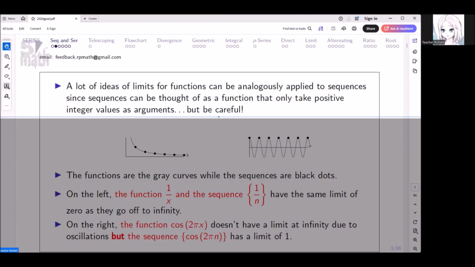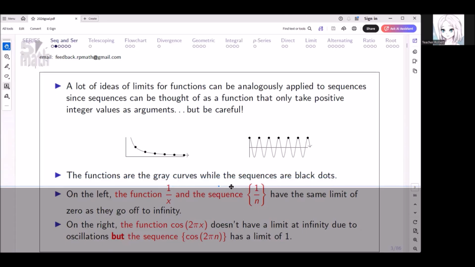A lot of ideas of limits for functions can be analogously applied to sequences, since sequences can be thought of as functions that only take positive integer values as arguments. But be careful. The functions are the gray curves, while the sequences are black dots.